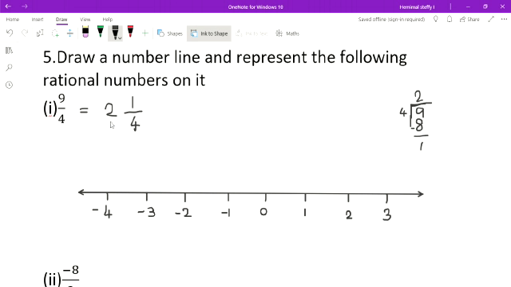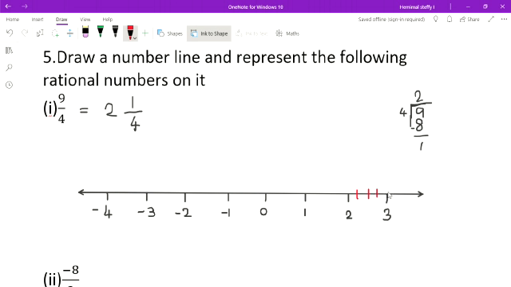So how do we represent it on the number line? First you see what is the whole number? 2. So take this place, 2 place. We write 2 at this point. We can take the points in between 2 and 3. Between 2 and 3 we should separate the parts. How many parts are there? 4. So we can write 4 parts here. We separate 4 parts. 1, 2, 3.